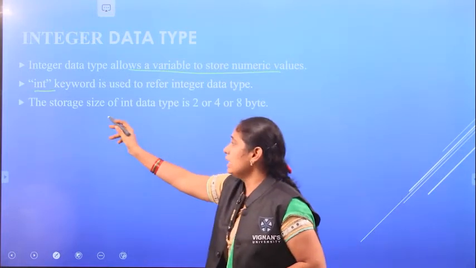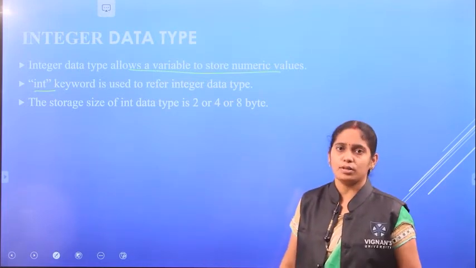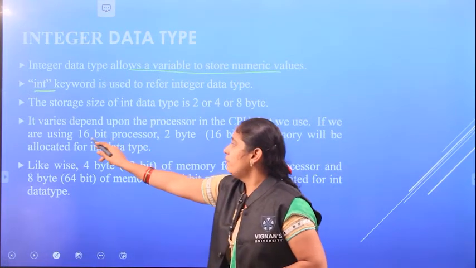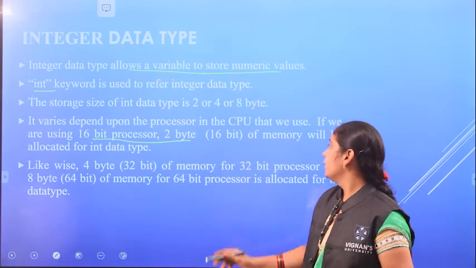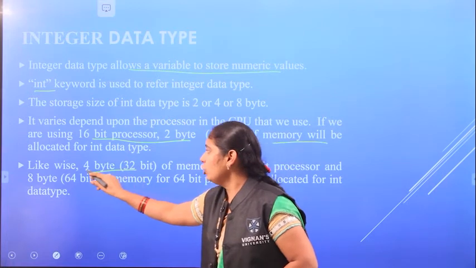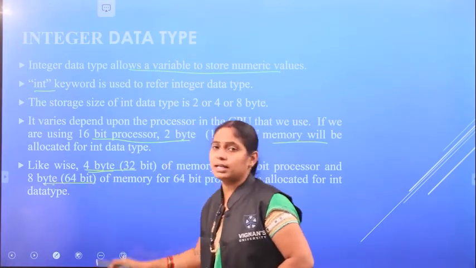Then the storage size of this integer data type will vary from one processor to another. If it is a 16-bit processor, the size of an integer is 2 bytes. If it is 32-bit, the size of int is 4 bytes. If it is 64-bit, it is 8 bytes.